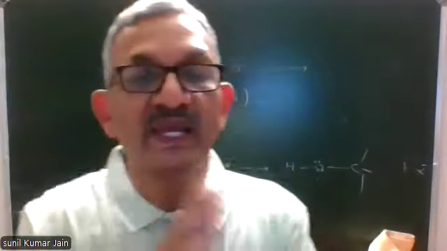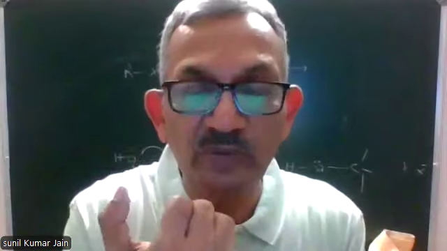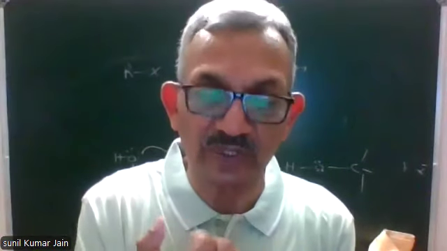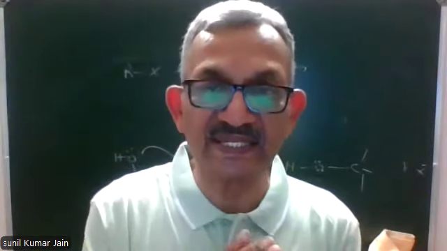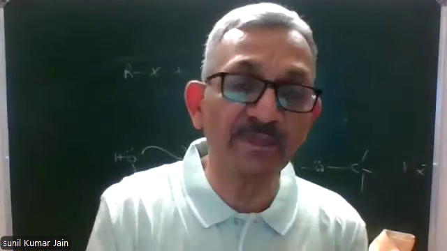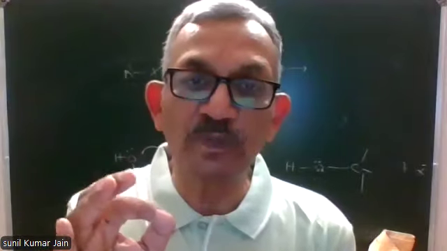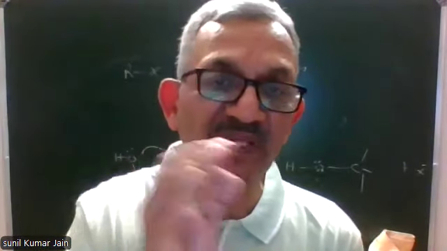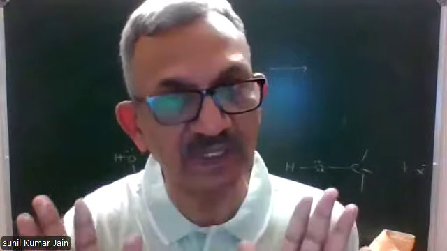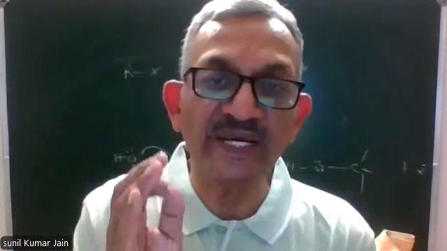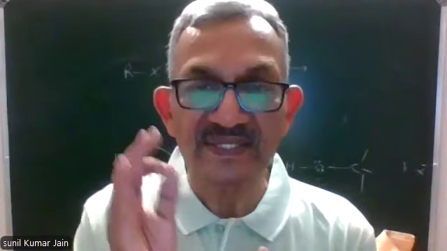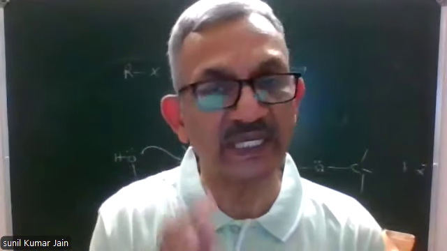So I'll repeat, whether the nucleophile is negative or neutral, in both the cases, the nucleophile will attack the positively charged alpha carbon atom and give its lone pair of electrons to form a bond with the alpha carbon. That is common in both the cases. But when the nucleophile is neutral, one additional thing will take place.